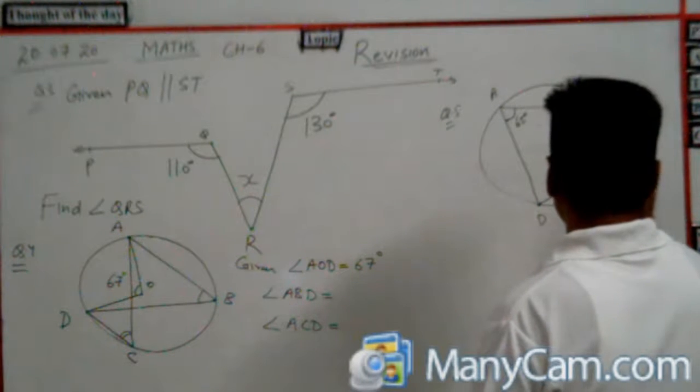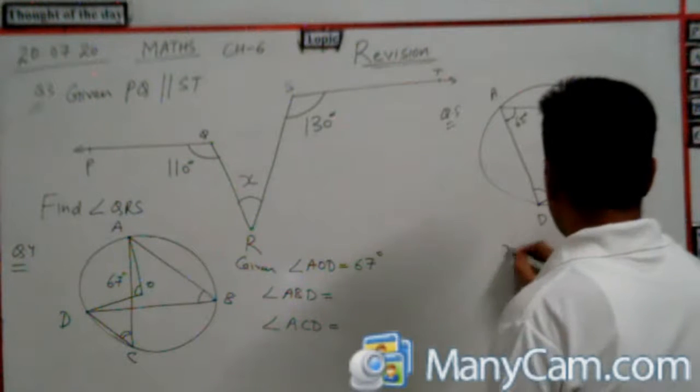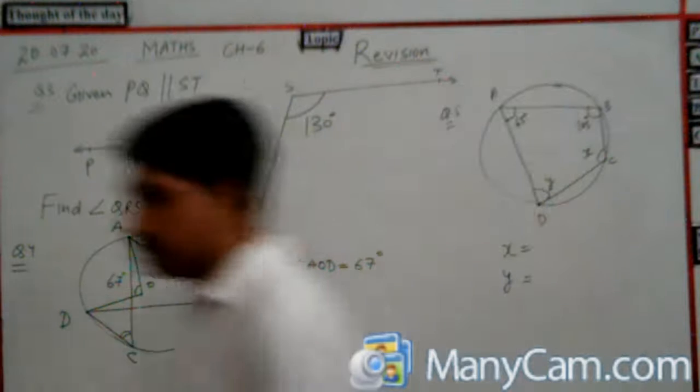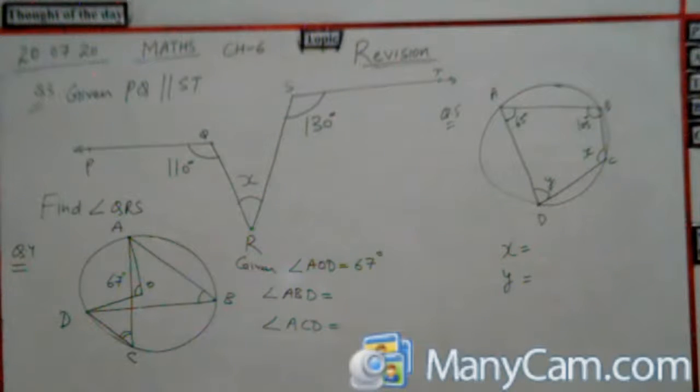Find the value of C and D. Find what is X and find what is Y. Right? First question number 3, I am expecting the answers.